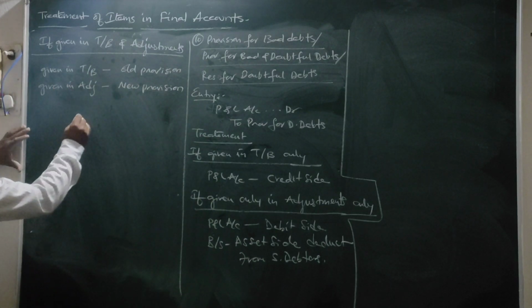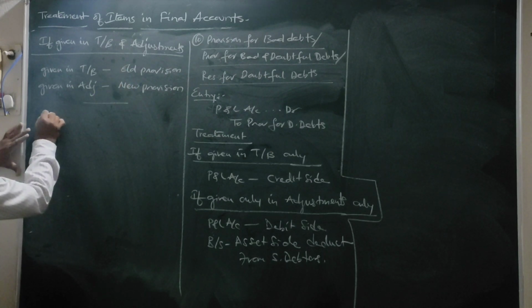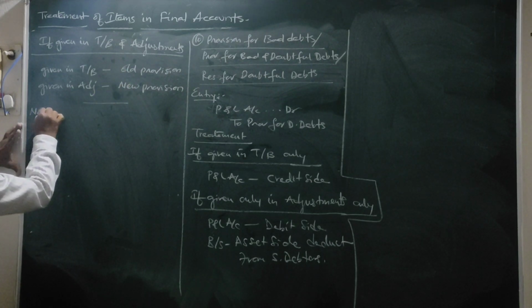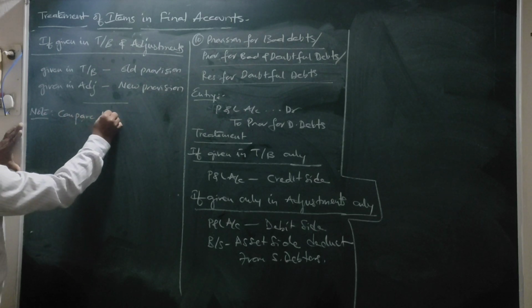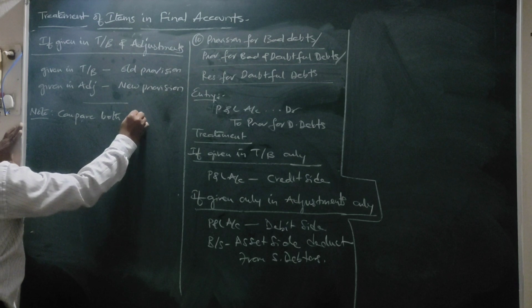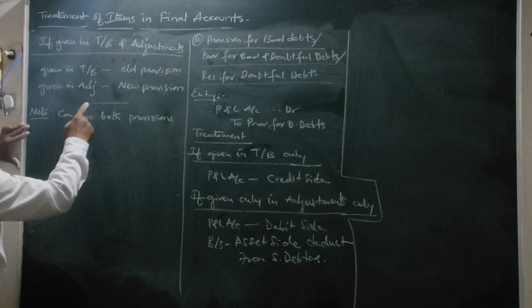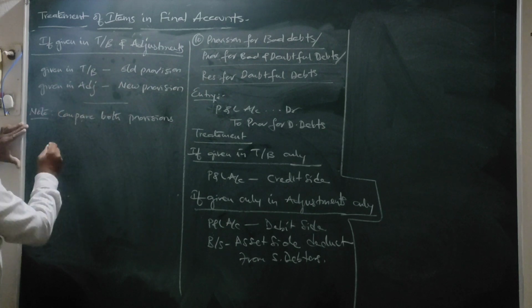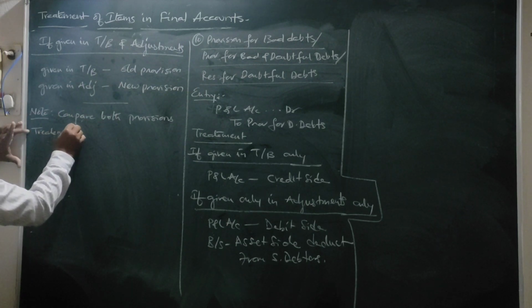So now regarding treatment, you are going to compare these two. Here I will write a note: compare both provisions. Compare the old provision with the new provision. Now what treatment are you going to give?